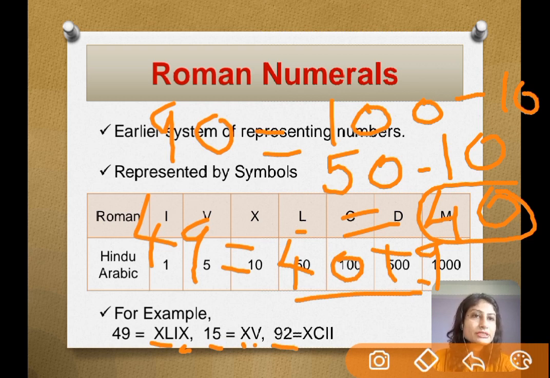So it is C and we have written X before it. That means 100 minus 10. So it is equivalent to 90. Now 90 plus 2 is equal to 92. So here you have to write I 2 times to make it 92.